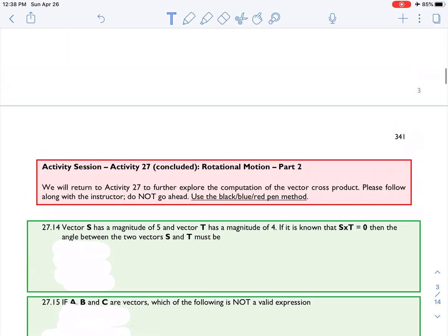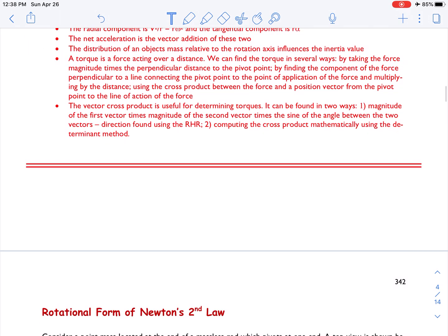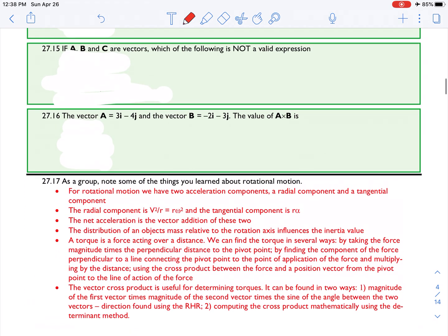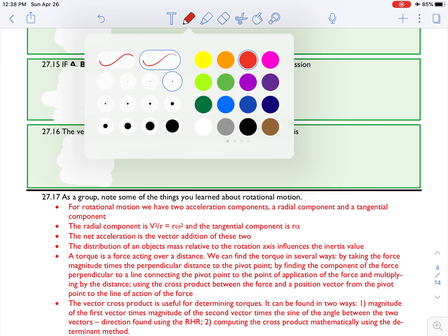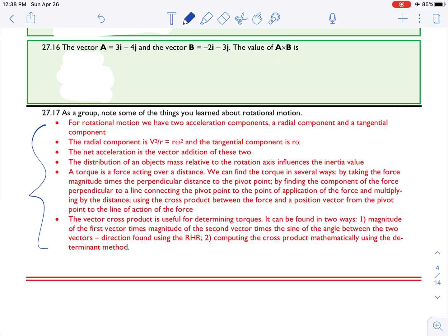So we are going to start from chapter page 342, but I just want to highlight one thing. We have some good summary here, so I want you to really go through this before we start the next section.